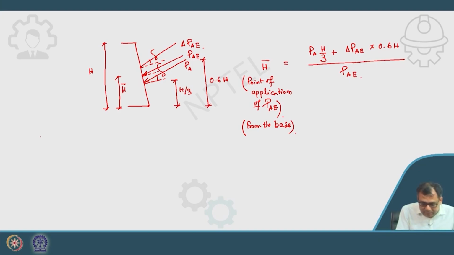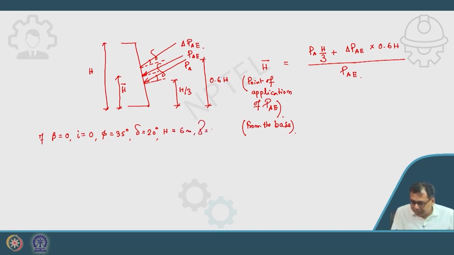So for example, beta is equal to 0, i is equal to 0, that means beta 0 is a perfectly vertical wall and i is 0 means horizontal backfill, and the friction angle phi is 35 degree, delta is equal to 20 degree, height of the wall is 6 meter, unit weight of the backfill soil is 18 kilonewton per meter cube, KH is 0.25, KV is equal to 0.1.